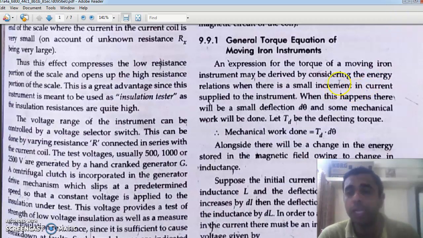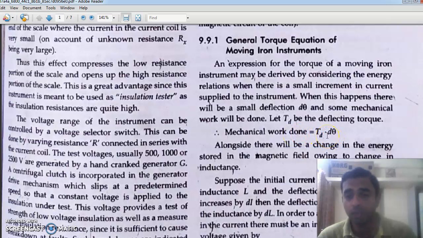And while there is a small deflection d theta, you can tell that there is a torque produced. There is a deflection torque, that is Td. So you can write the mechanical work done as Td dot d theta.